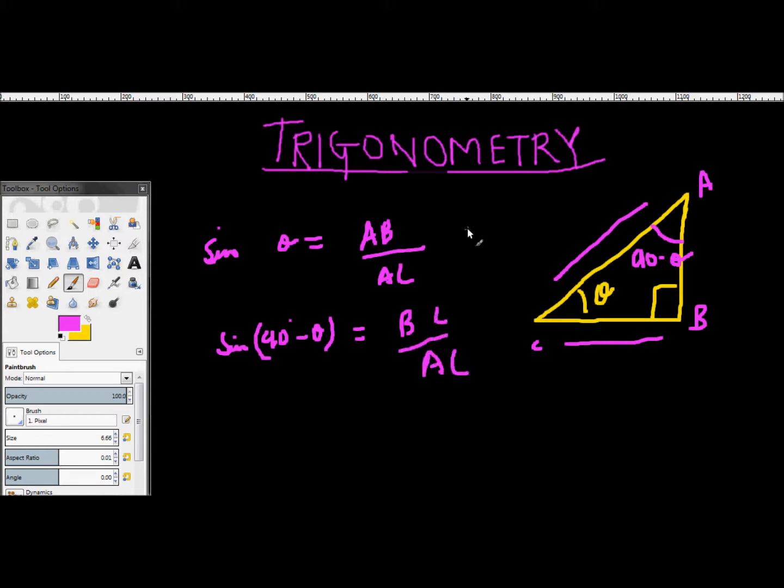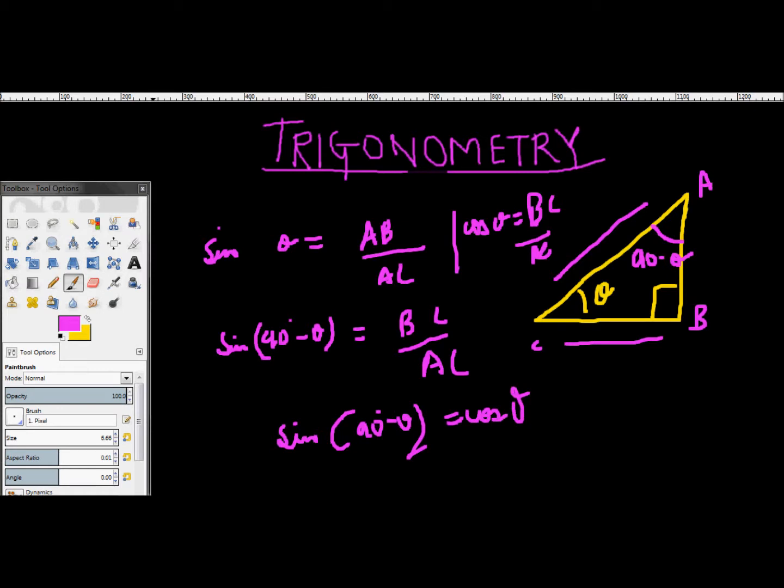And if at all you looked at cos theta, it would be BC by AC. So according to this, guys, we have that sine (90 minus theta) equals cos theta, and that's the relation you've got to learn.